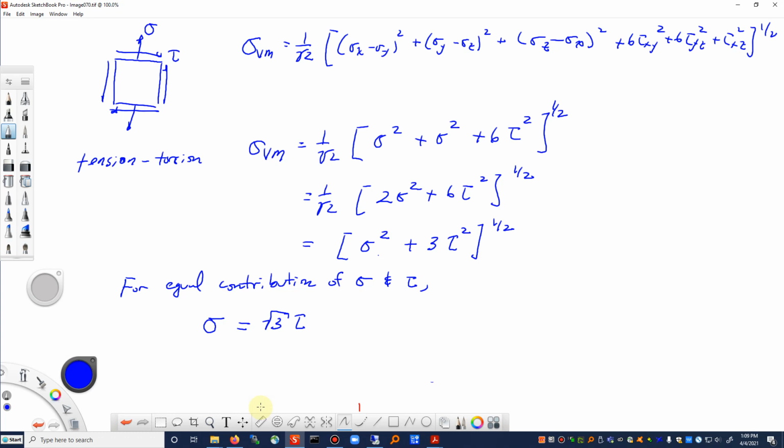Right, so maybe the other way is a little easier. So if tau was 100 megapascals, then the equivalent normal stress would be square root of 3 times 100. So what's square root of 3? About 1.57, I think. I've got my calculator, I can check that out. 1.73.